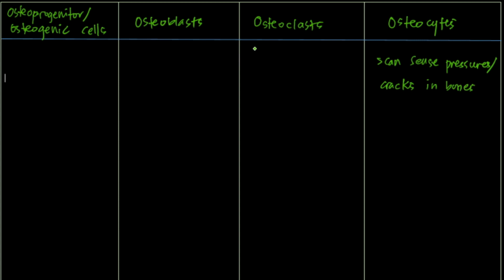Your osteoclast, I mentioned earlier, remove or destroy bone cells, actually the matrix of the bone. In what manner? They dissolve the bone matrix. In what way? Through the use of lysosomal enzymes, because osteoclasts have numerous lysosomes.